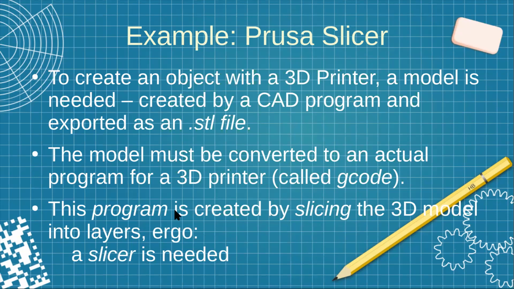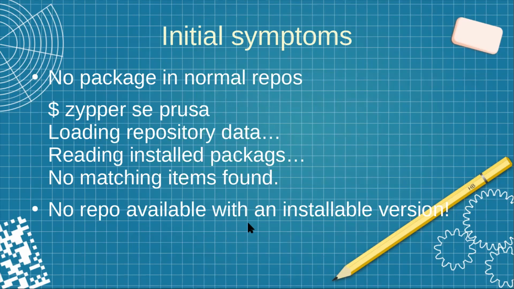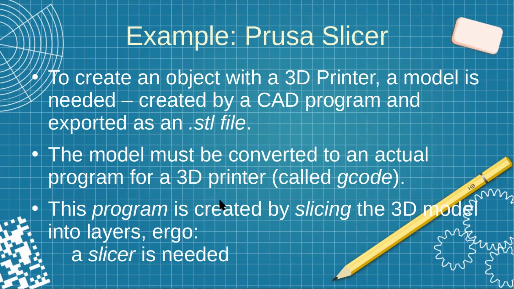Each layer represents one layer of the object that is created on the printer. And that's where the term slicer came from. There's bunches out in the market, but Prusa is pretty much the mainstream one because that is created by Joseph Prusa over in Europe.